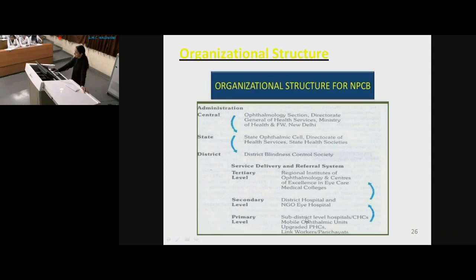So if the problem is not handled at this primary level, they will be referred to district hospital and NGO eye hospital at secondary level. Here the patients may be referred to tertiary level, that is Regional Institute of Ophthalmology and Center of Excellence in Eye Care Medical College. Right?